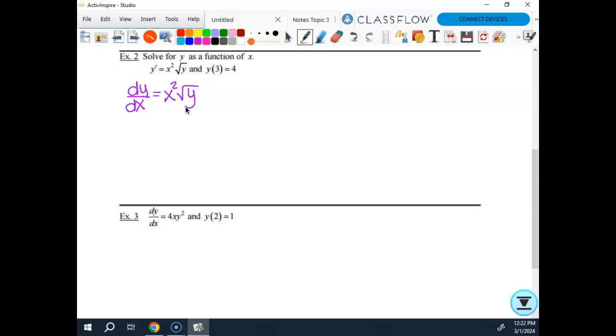You can do it. Y'all got really good at this yesterday. Well, right now you're just separating, like we did yesterday, which means I would end up with 1 over the square root of y dy equals x squared dx.